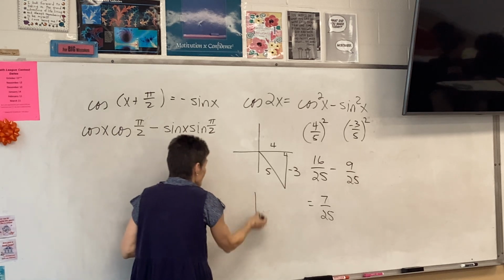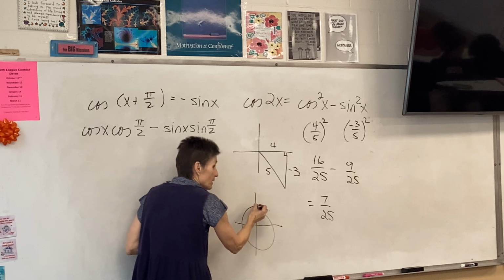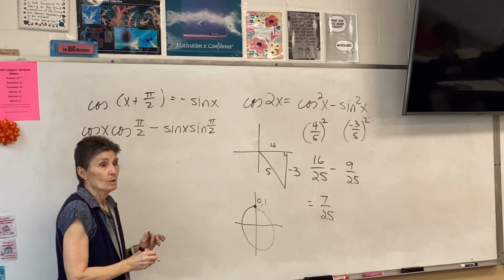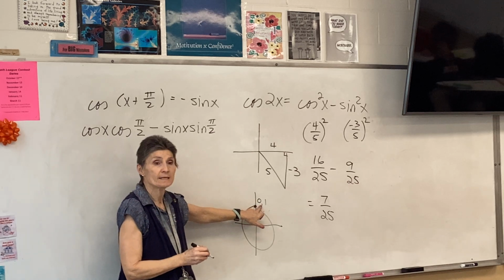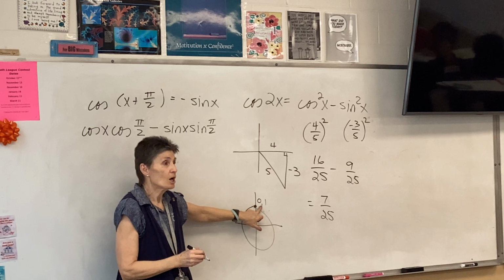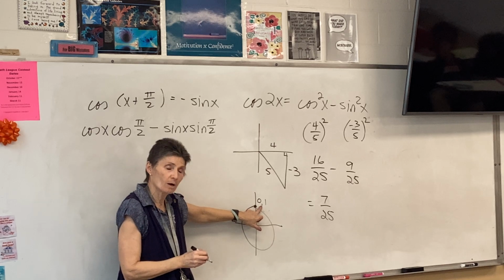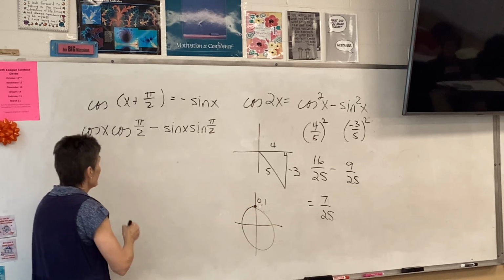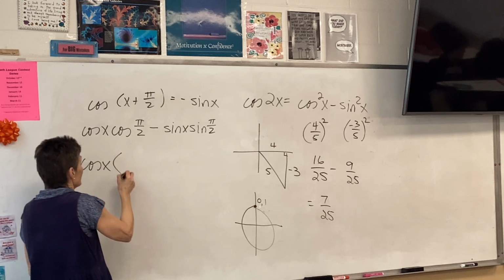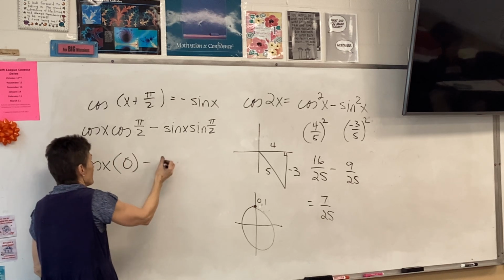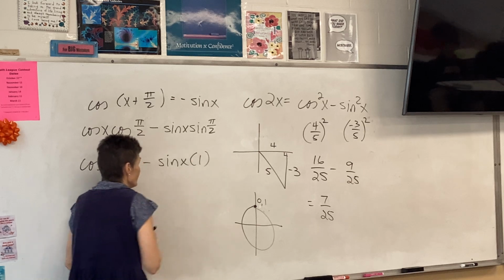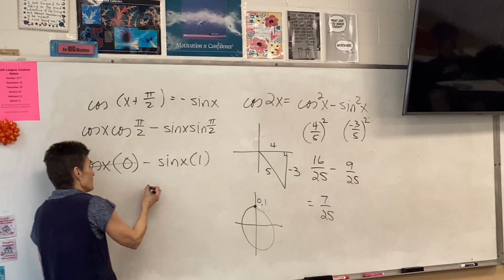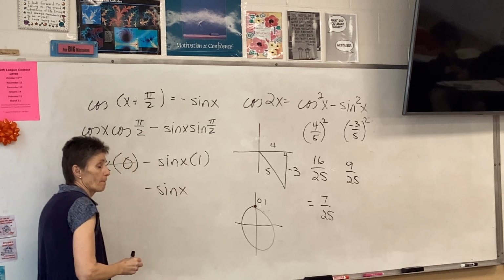Now, pi over 2 is up here, at the point (0,1), which means the cosine is 0 and the sine is 1. So cosine x times 0, minus sine x times 1, and that's gone. So we're left with negative sine x. That was so easy.